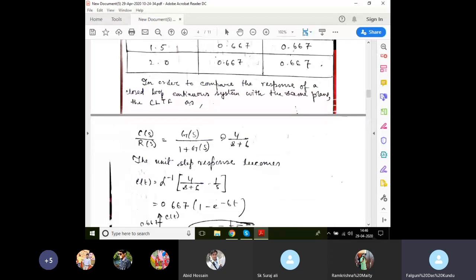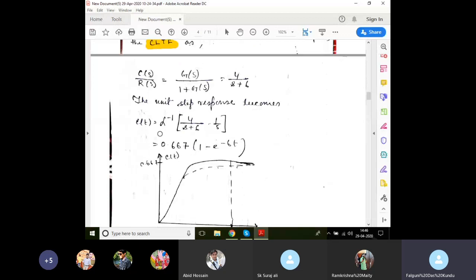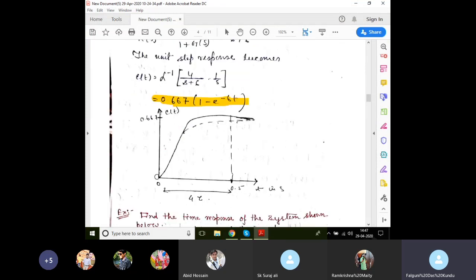Now if we compare the response, C(s) by R(s) is 4 by s plus 2 for the closed loop transfer function only. Now C(t) is 4 by s plus 6 minus 1 by s, that is this, and we get the curve between C(t) and t like this.